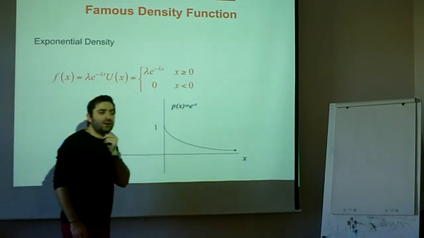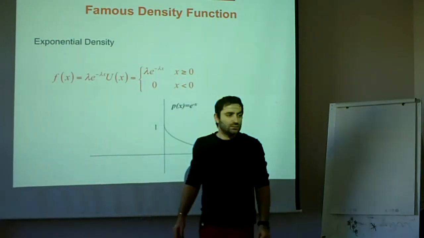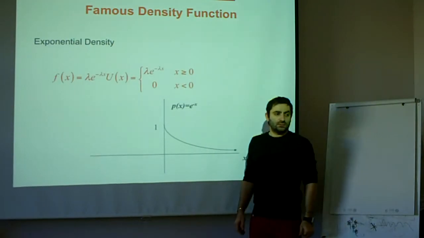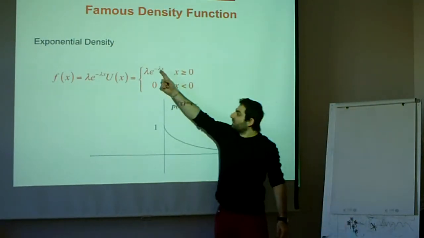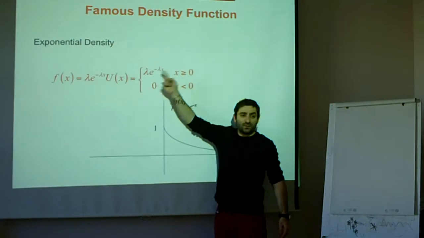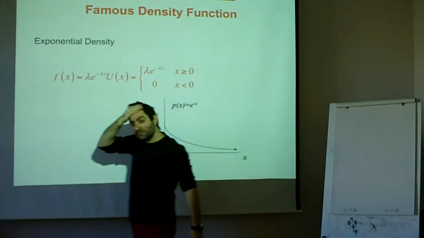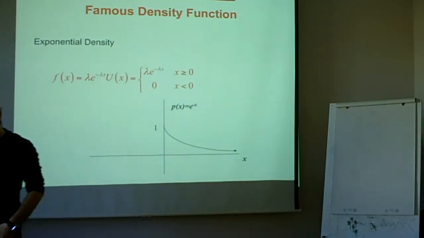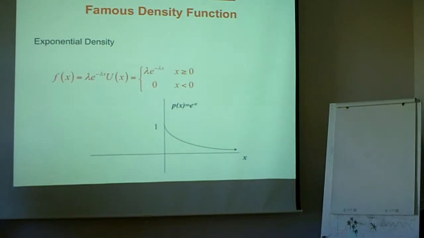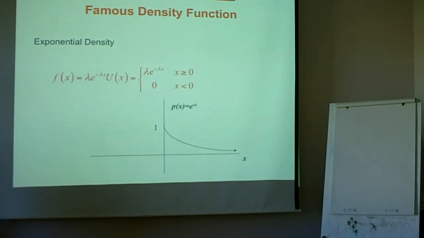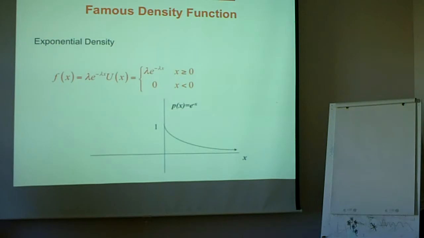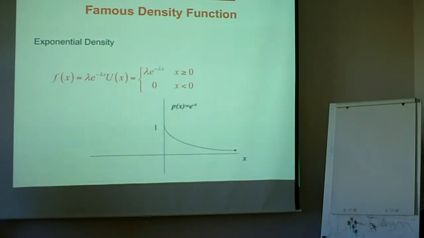Why can lambda not be a negative number? For example, why can lambda not be minus 1? Because the probability cannot be less than 0.